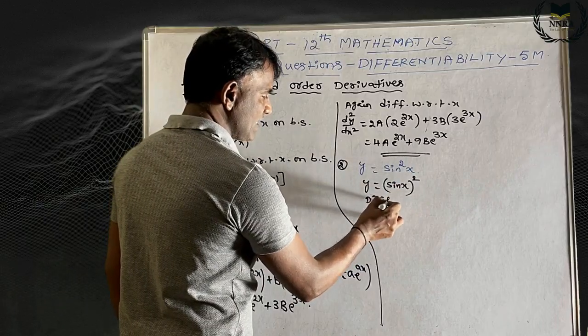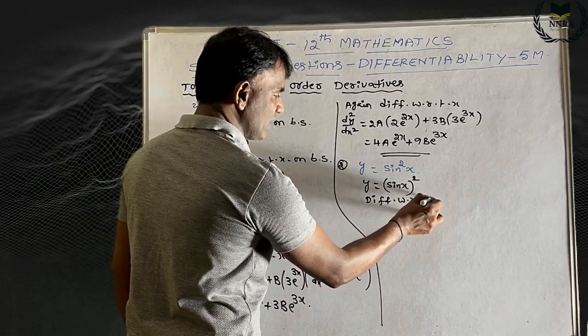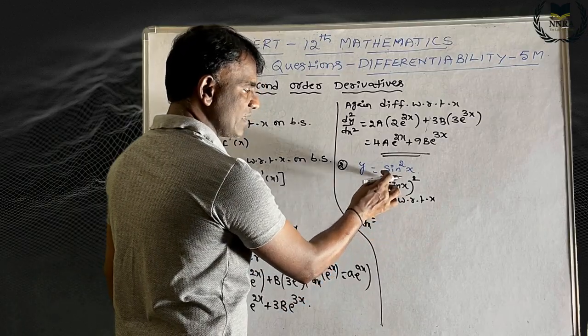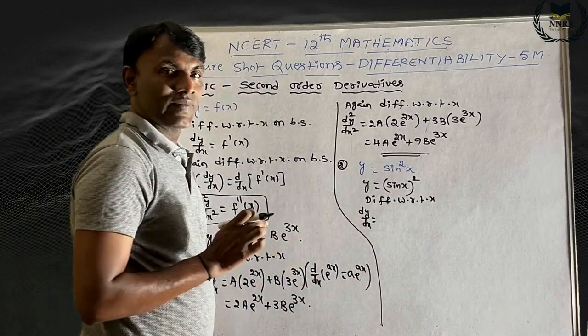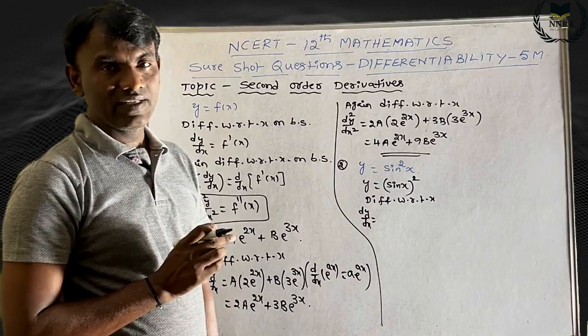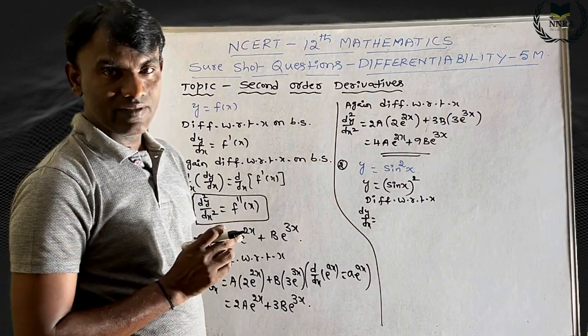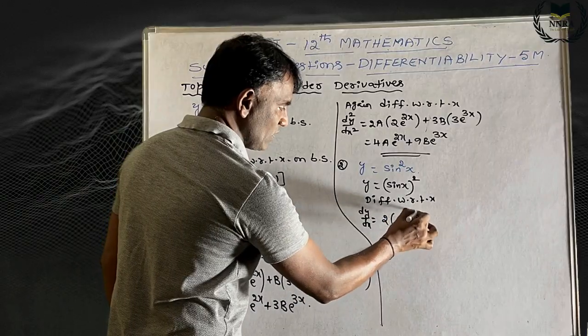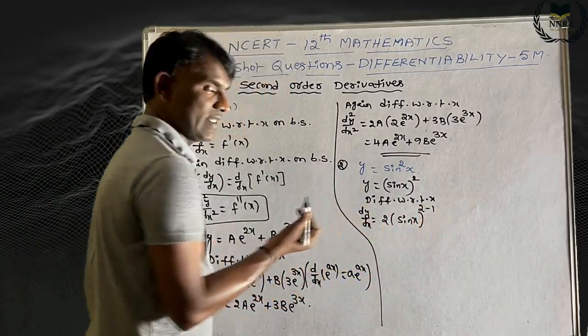Now differentiating with respect to x, it is dy by dx. This is the form of d by dx of x power n. The standard formula is n into x power n minus 1, where n equal to 2, so sin x whole power 2 minus 1.